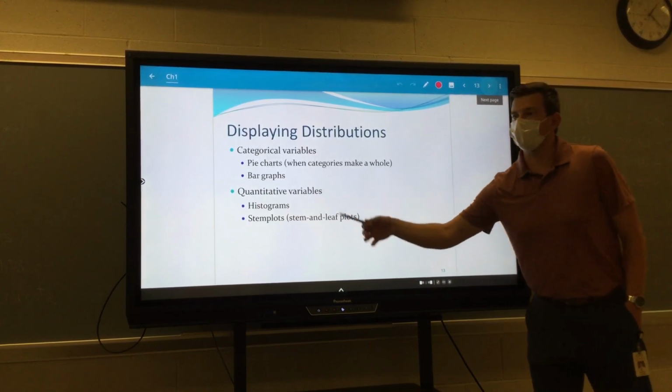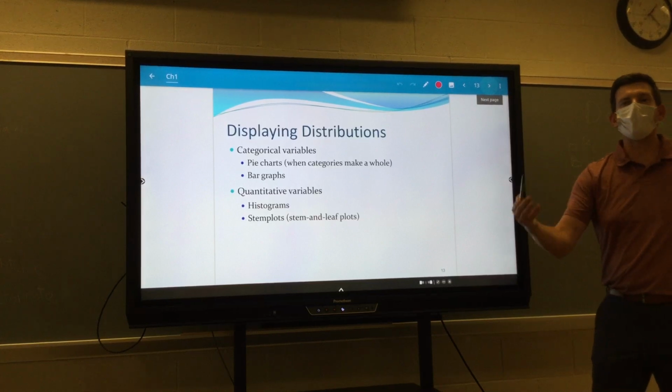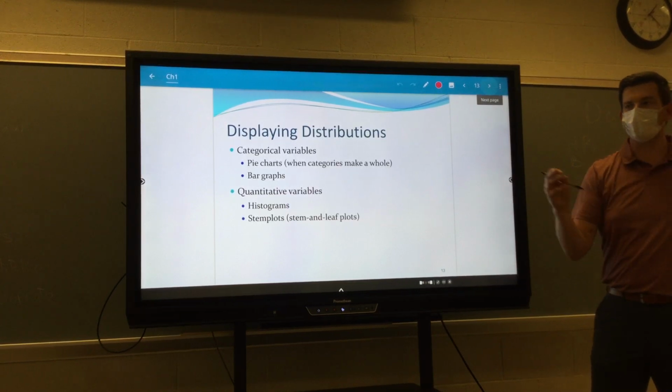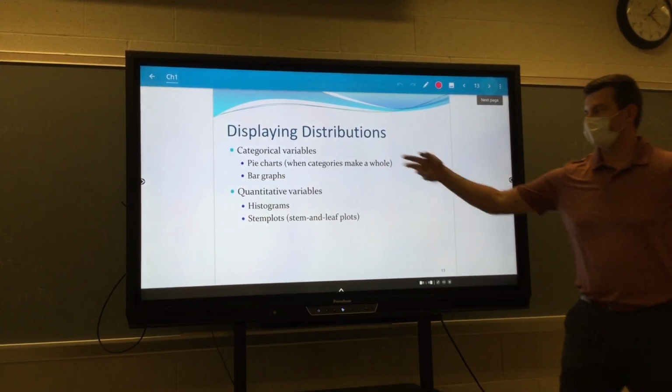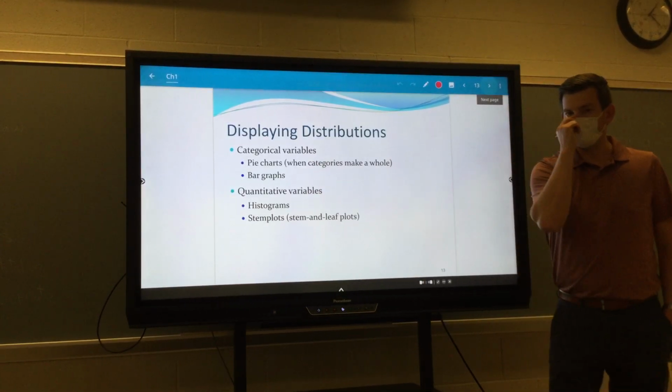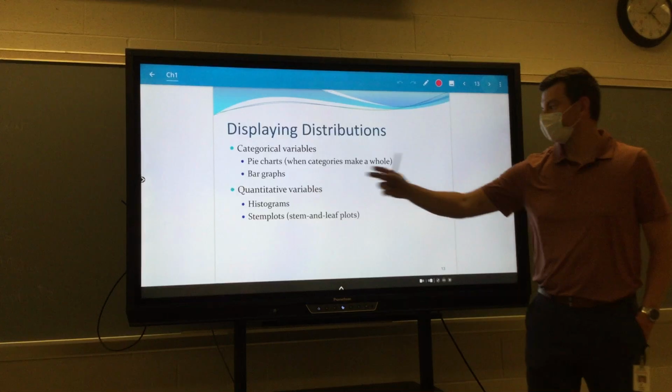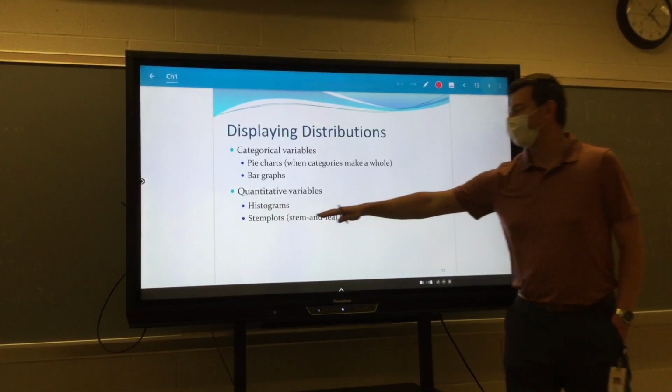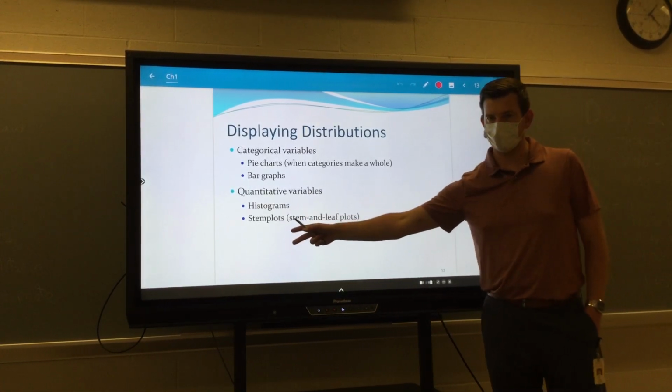So we have certain displays, certain types of graphs that are designed for these different types of variables. For categorical variables, pie charts and bar graphs are the 2 big ones. For quantitative variables, histograms and stem plots.